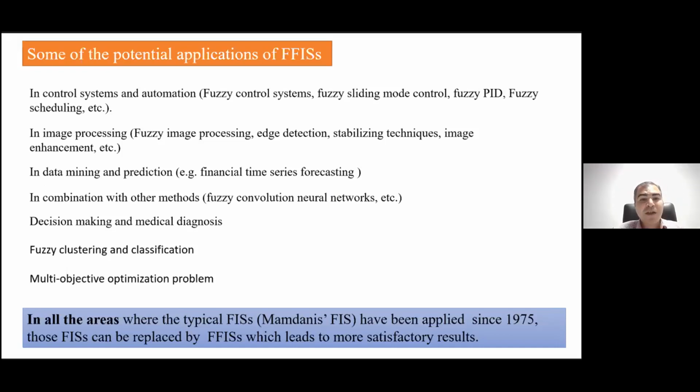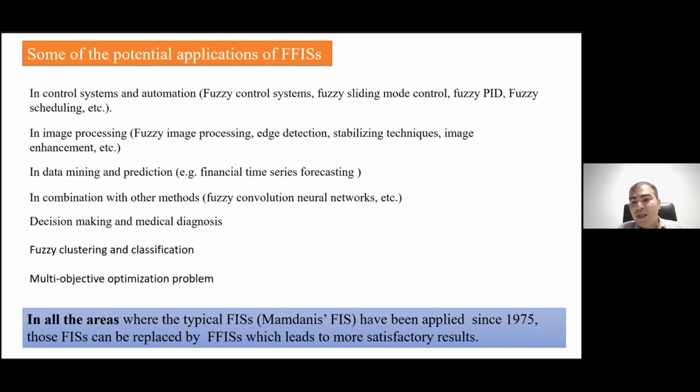In combination with other methods, for example, in the next slide, you will see that the fractional fuzzy inference system can be trained by, for example, convolutional neural networks. And in fuzzy clustering and classification, the clustering and classification will be improved if you use the fractional fuzzy inference system instead of the typical fuzzy inference system.